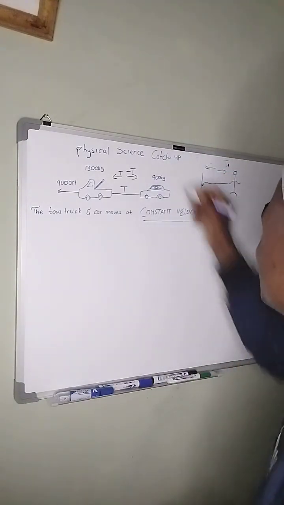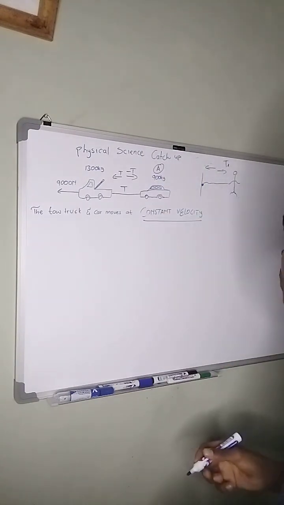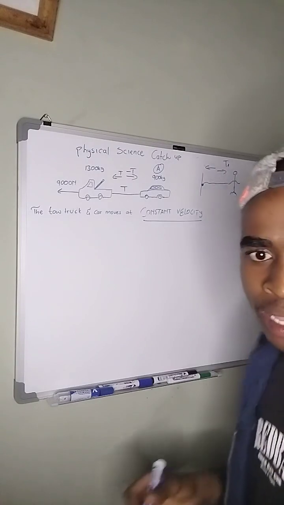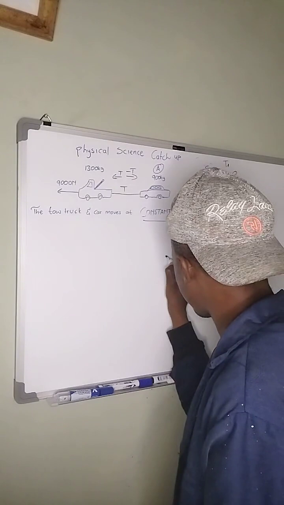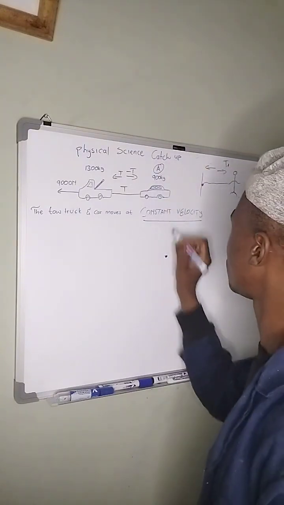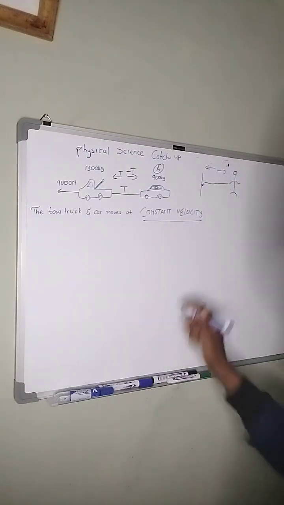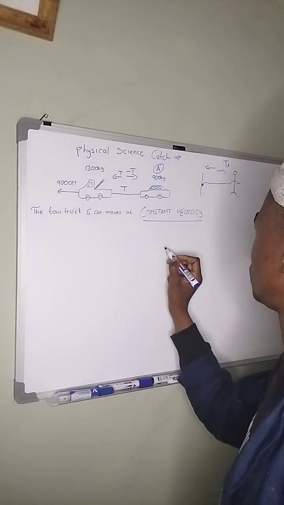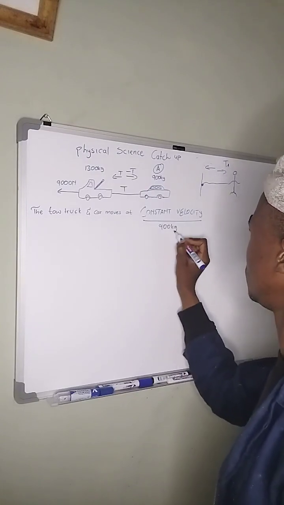So let's draw the free body diagram for the car. I'm going to have the dot, and this is the free body diagram of this car. Let me say a 900 kg car.